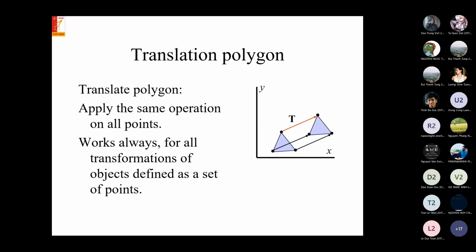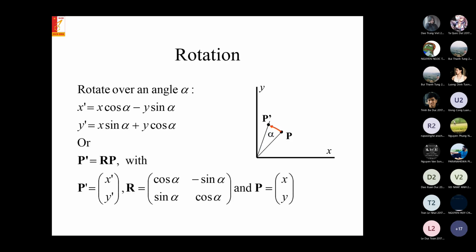The second kind of transformation is rotation. With the rotation, for example here, we still have the coordinate system, and we have the original point P here, and we make it rotate around the O, which means the origin of the coordinate system, with an angle of alpha.